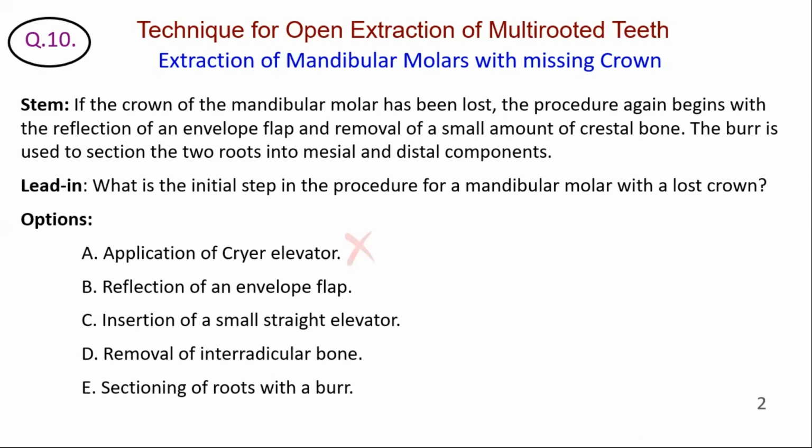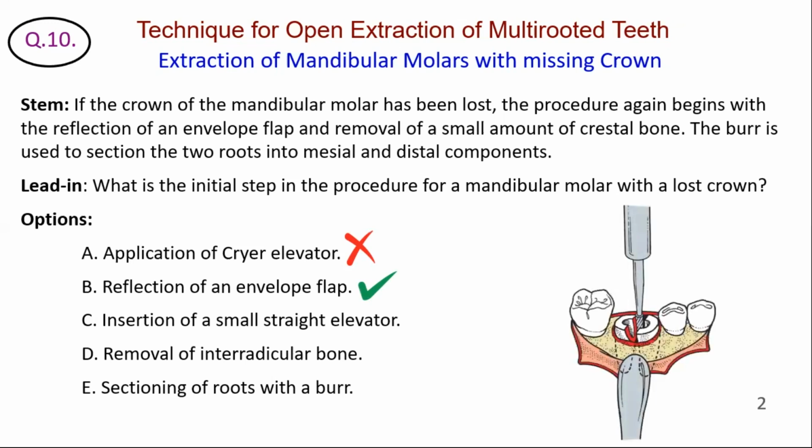So let's discuss the options. This step comes later in the procedure. This is the correct answer. This is the initial step to expose the surgical site as seen in this figure. When the crown of the lower molar is lost because of fracture or caries, the envelope flap is reflected and a small amount of the crestal bone is removed.